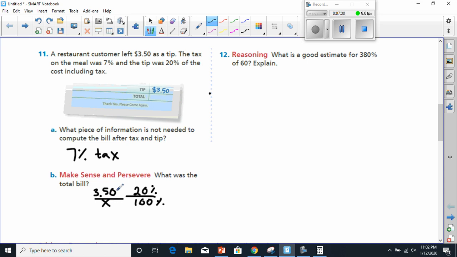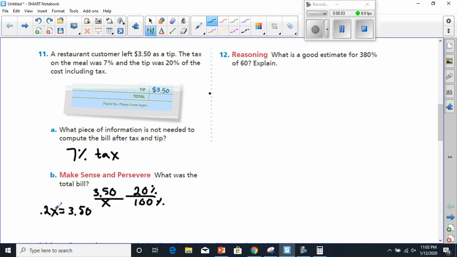So we're going to cross multiply, and remember we have to move our decimal over 2 spaces. That's going to give us 0.2x equal to 3.5.